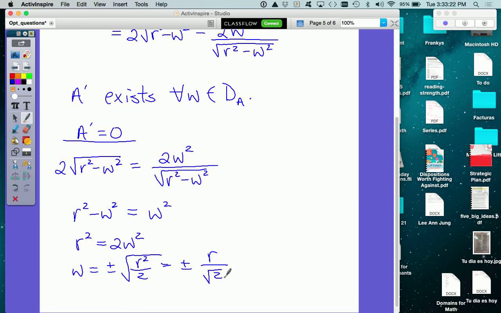Again, w can't be negative, so that's extraneous. And so I'm left with w equals r over the square root of 2.